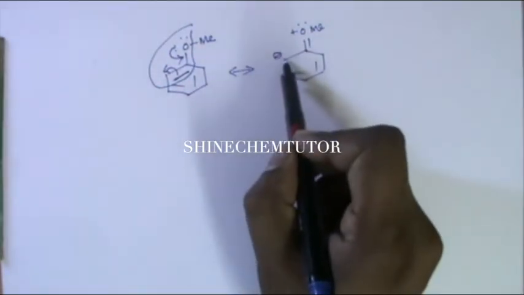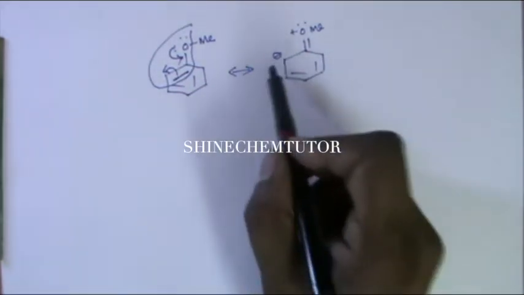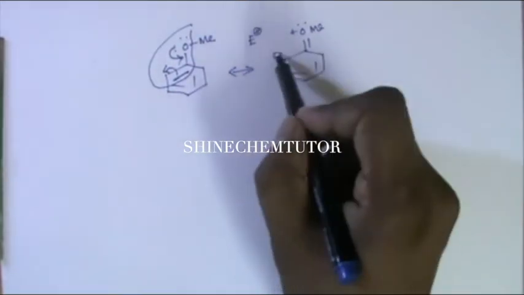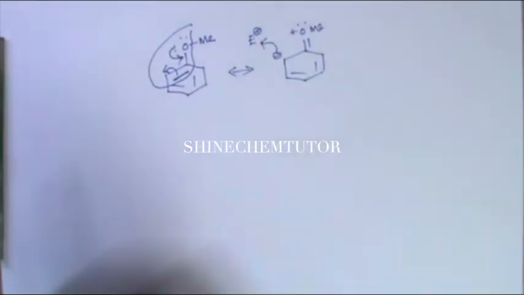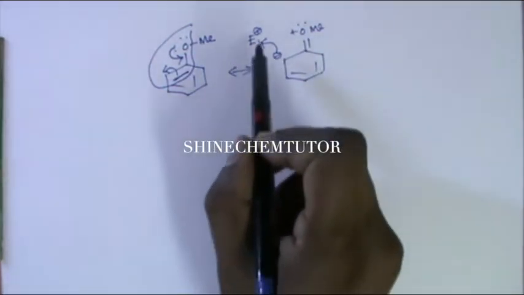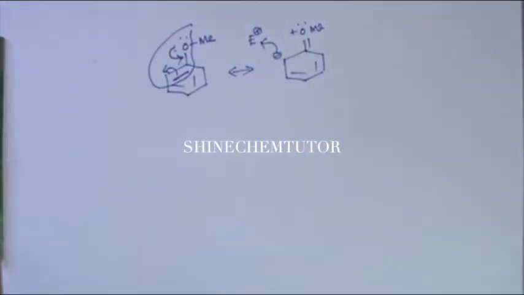Now this carbon has minus charge, so it is more nucleophilic. So it can attack an electrophile very easily because this is minus and plus. So we can get a product in which the electrophile is substituted on the ortho carbon.